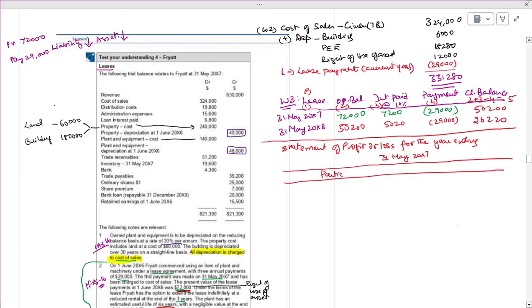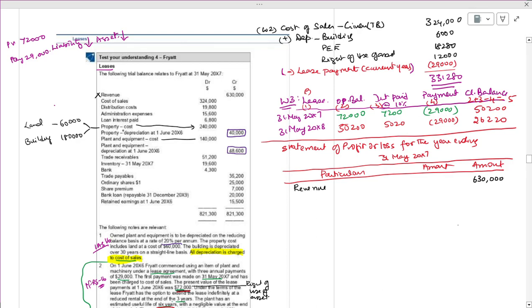Particulars, amount. Okay, first, one by one. Revenue. Put one cross here. How much is the revenue?